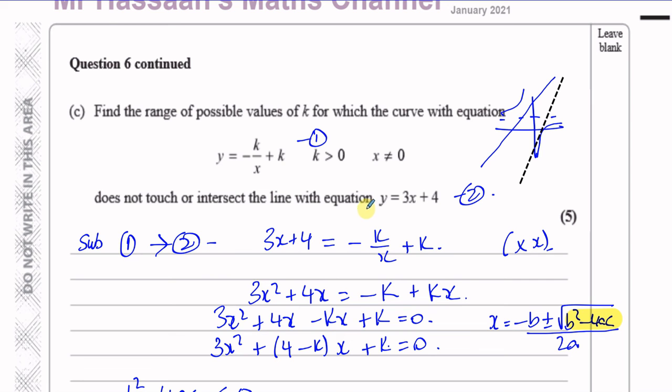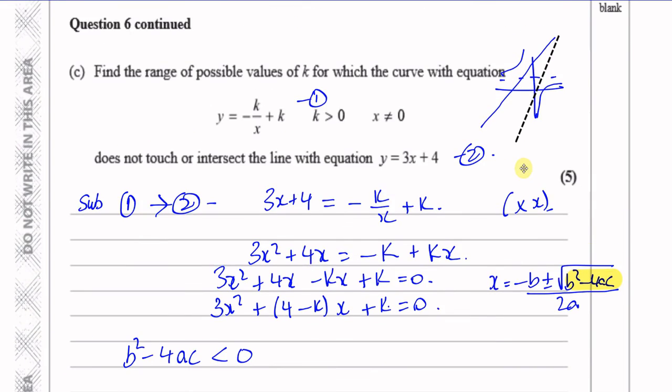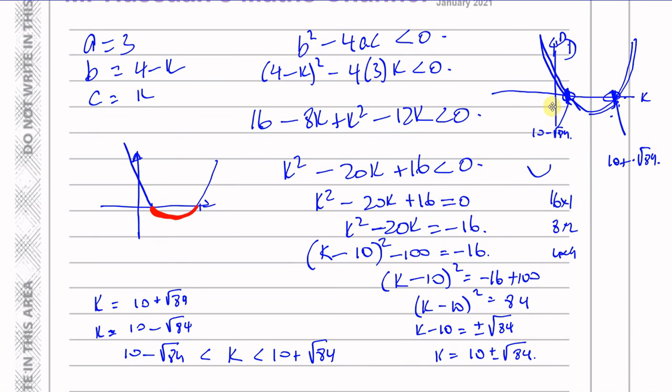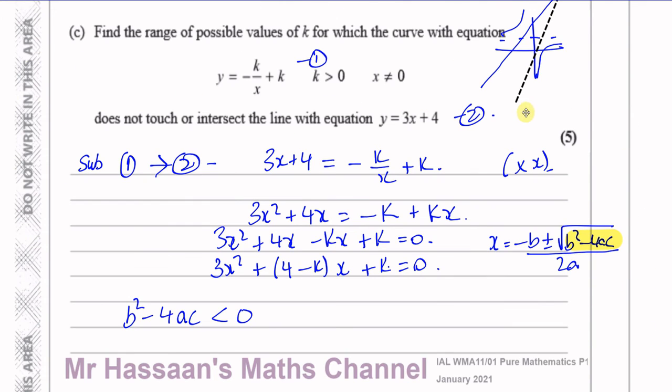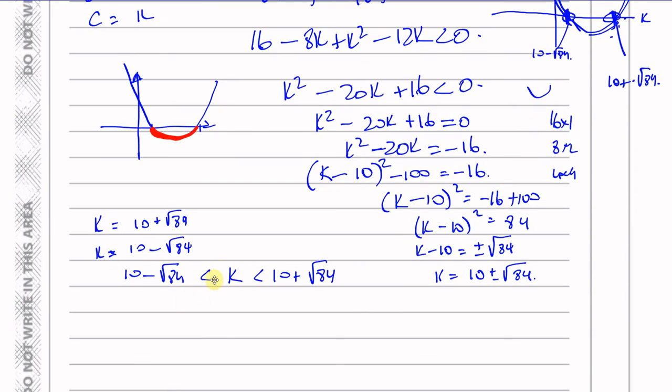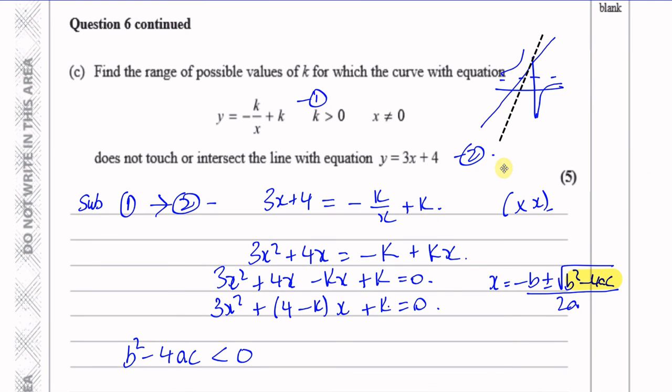Okay, so you can see from here, if the value of k was equal to this value or that value, that's when there's going to be a tangent. So it's going to be either here or there. If the value of k was less than 10 minus root 84, there would be two solutions, cutting it in two places.